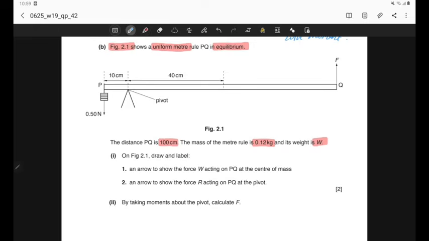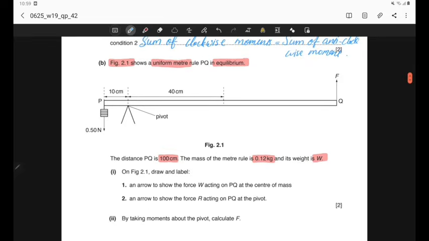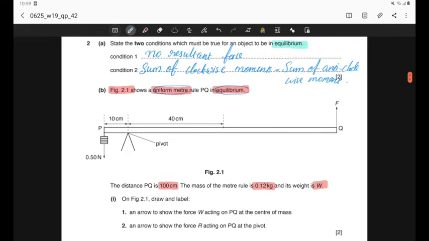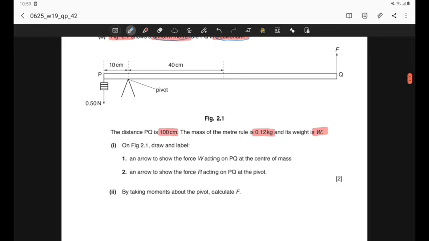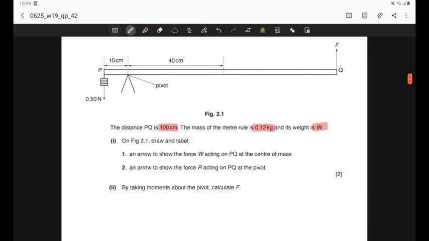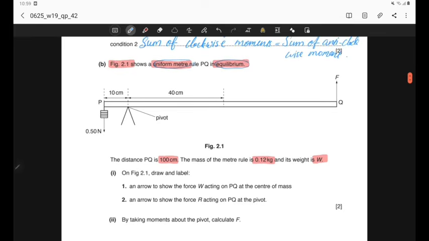So there is a lot of information given in the question. First of all, it's a uniform meter rule and it's at equilibrium. So equilibrium means we can use a concept which we have already mentioned in part A, that is the sum of clockwise moments and anti-clockwise moments will be equal. And from this uniform meter rule, we can understand that its weight will act exactly at the center.